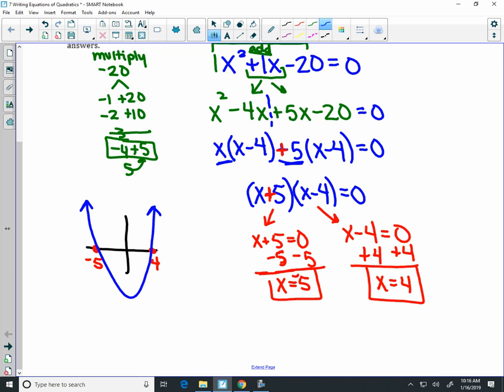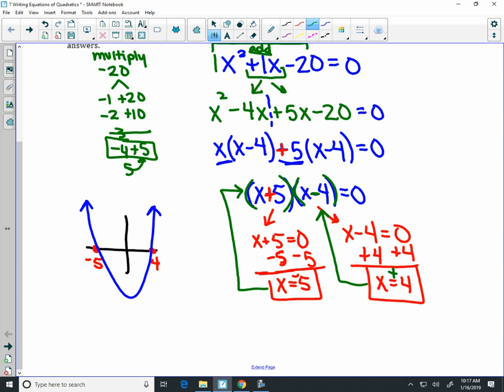Pause the video for a minute and look for the relationship between our answers and our factored form. So here, if I have x equals a negative 5, I switch my sign and get back to factored form. If I have x equals 4, switch my sign, positive 4, x minus 4, and then back to factored form.